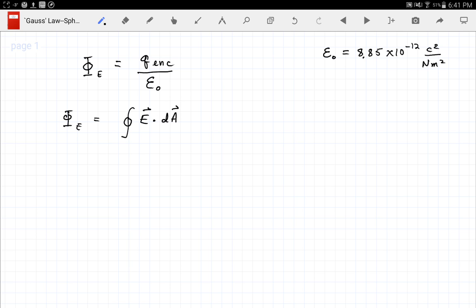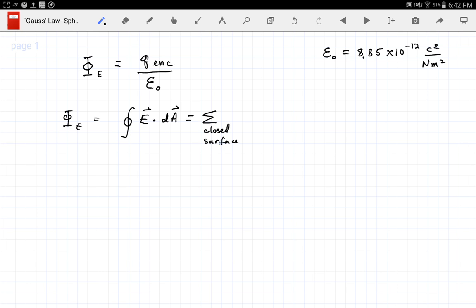Now, of course, if you're not in the calculus-based class, you can't use that equation because you don't know how to do an integral. But the idea can be written in algebra form.